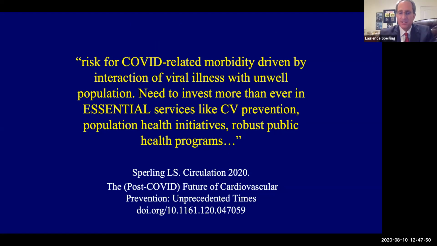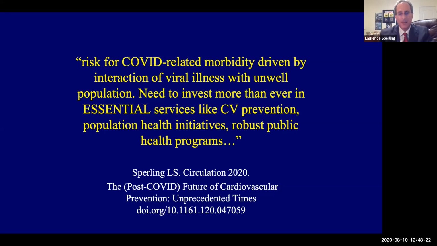So in Circulation, there's an On My Mind piece that's called The Post-COVID Future of Cardiovascular Prevention, Unprecedented Times. And in this, I mentioned that the risk for COVID-related morbidity is driven by the interaction of a viral illness with an unwell population. And so there is a need to invest more than ever in essential services like cardiovascular prevention, population health initiatives, and a robust public health program.